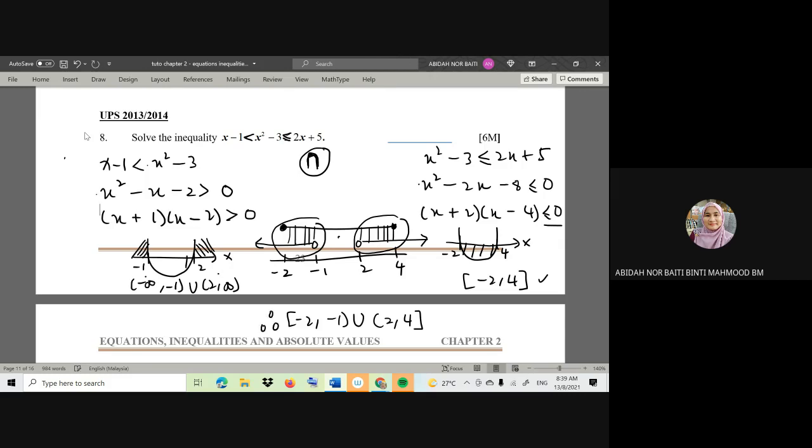Final answer. Combine two answers by using a number line.